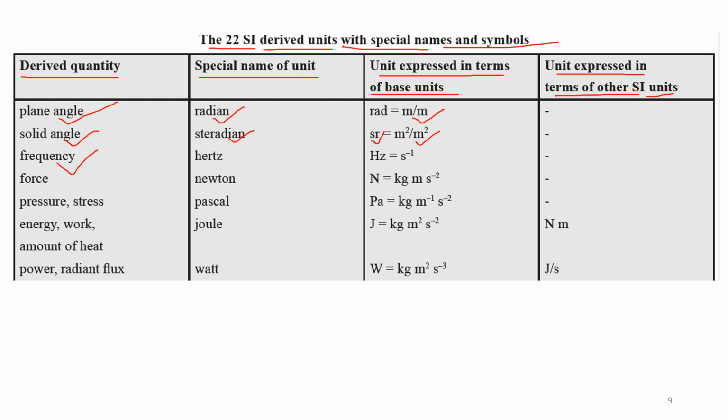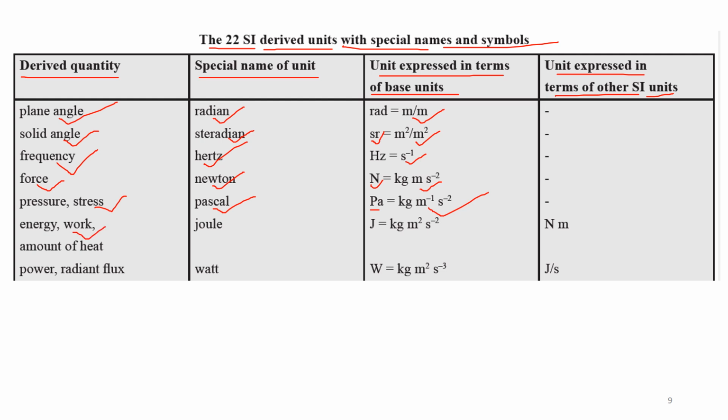Frequency, it is written in hertz, which is denoted by Hz and whose unit is per second. Force, which is Newton, it is also known as kg meter per second square. Okay, pressure or stress, it is Pascal, which is denoted by Pa, which is kg per meter per second square.